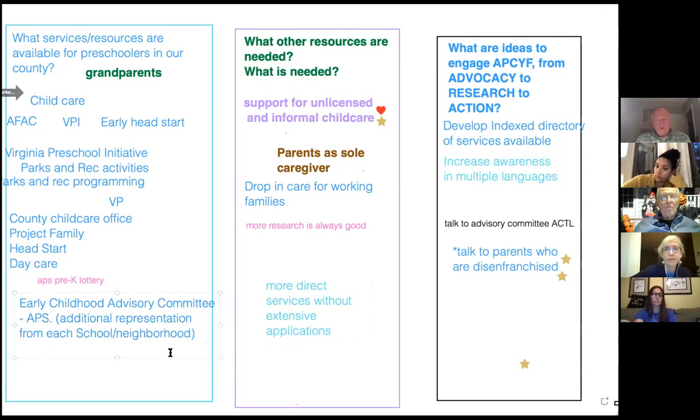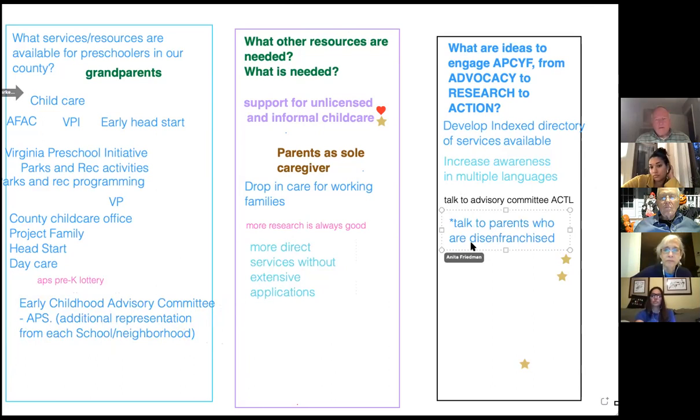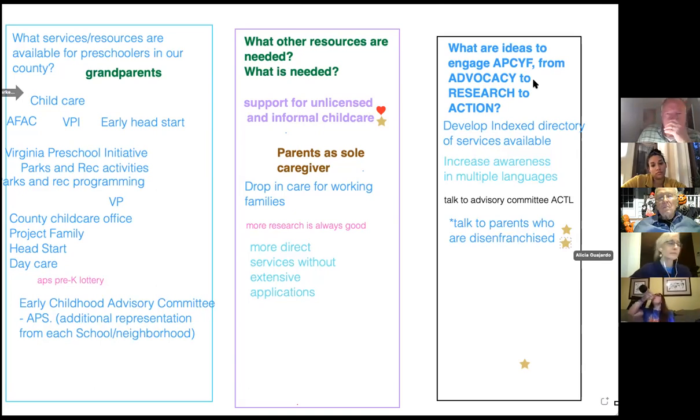I mean, a lot of the counseling staff and the principals in the schools where they have, like over at Barcroft, where I think they have I'm not sure if it's Project Family or what's there, but they're getting thoughts from them, from those staff members and parents who live in those neighborhoods and have those programs at their schools.